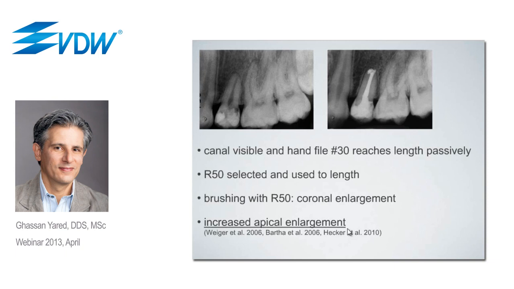This is a case where I increased the canal preparation size apically. I use here a number 70 hand file just after using the R50 to the working length. And again, this can be done very easily because of the difference in the taper between the hand instrument and the Reciproc instrument.